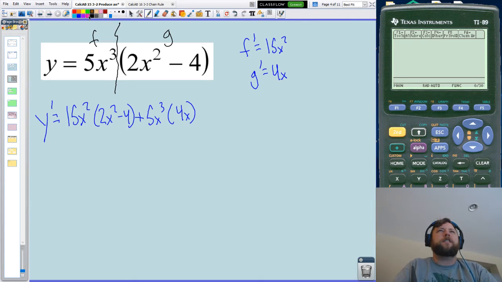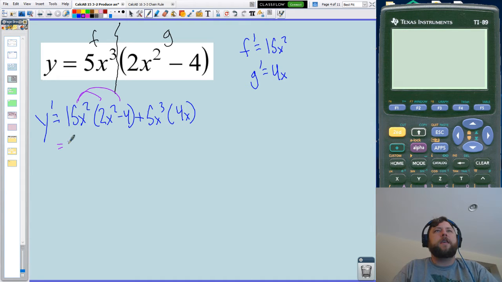Let's say I wanted to simplify things, combine like terms. So I'm going to distribute this 15x squared, and I'm going to get 30x to the fourth minus 60x squared, and multiplying these together, I get plus 20x to the fourth.